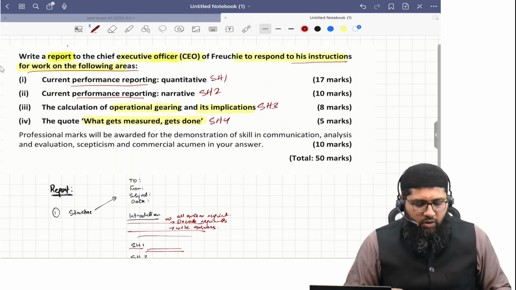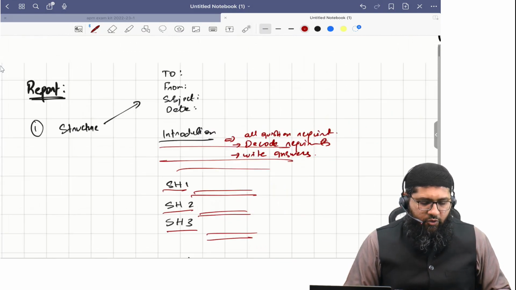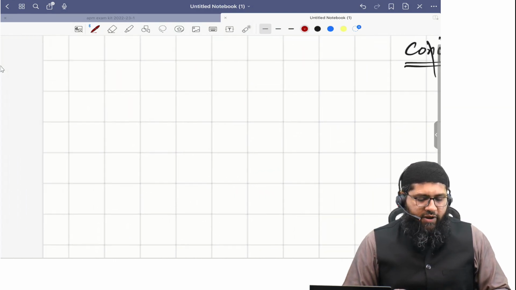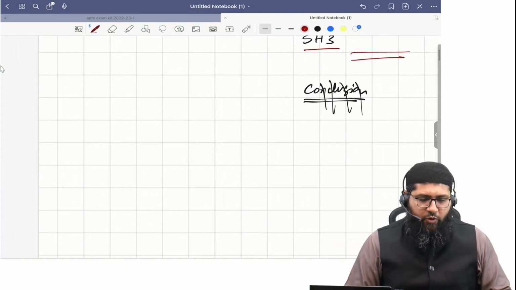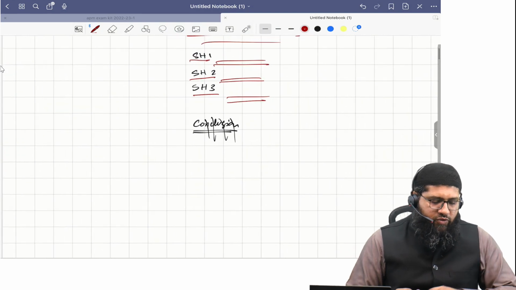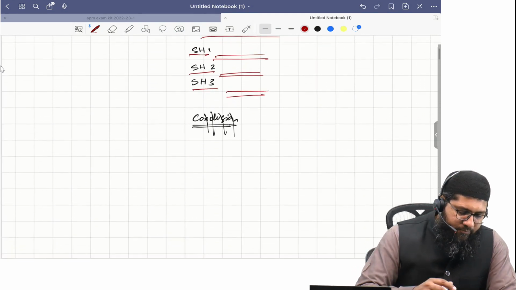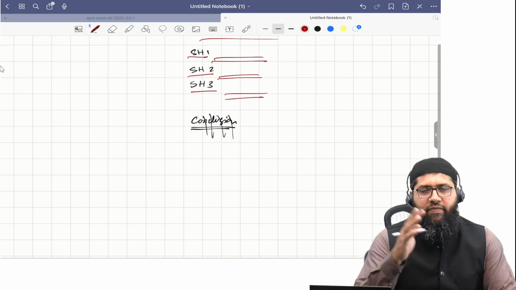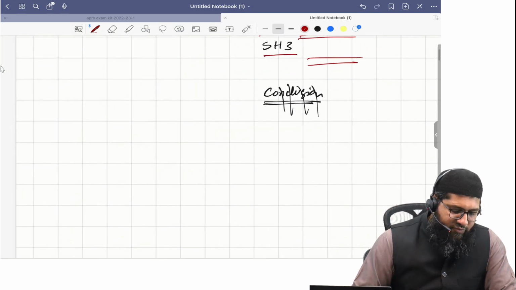Now, just try to understand what you are going to do, because this question talks about the performance report. Before I go on to talk about this performance report, I would like to discuss a few things so that I can help you understand. Basically, from the perspective of the examination, there are usually 4 types of requirement.